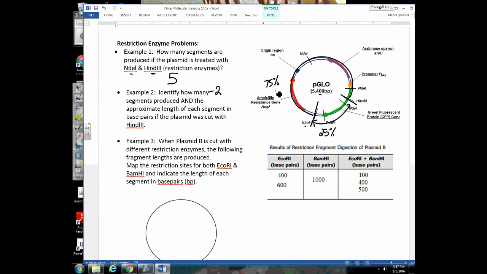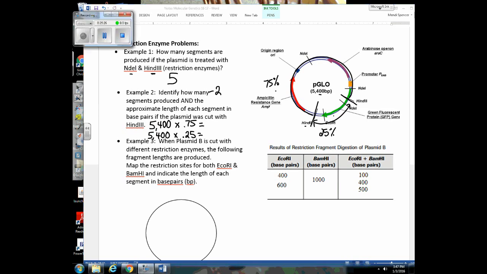And to figure out the length in base pairs of this segment, we would have to take the total number of base pairs times 75% or 0.75. And to figure out the length of this segment of DNA, again, take the whole and times it by 25%.